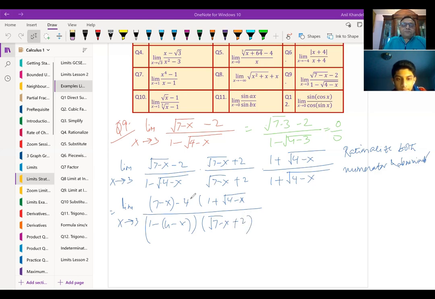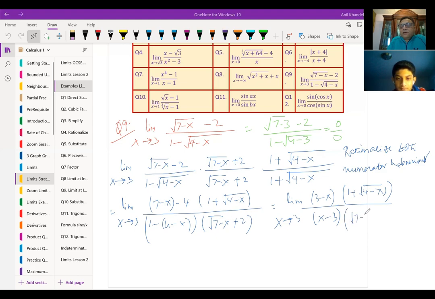So simplify. 7 minus x minus 4 is 7 minus 4 is 3, 3 minus x, right? That was the factor giving you 0, right? Then multiplied by 1 plus square root of 4 minus x, divided by, here also, 1 minus 4 minus x. 1 minus 4 is minus 3, right? So you get x minus 3 here. You see that?